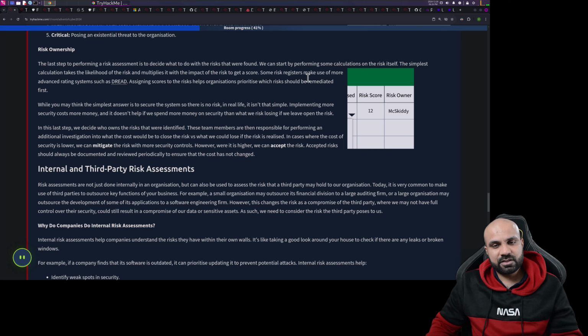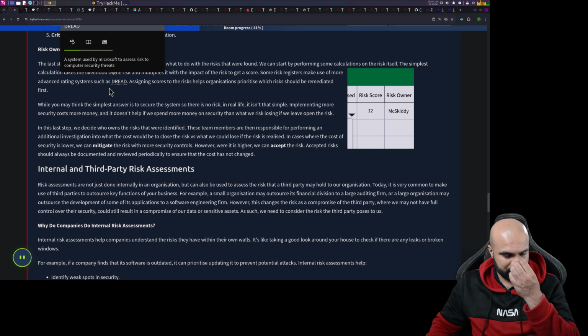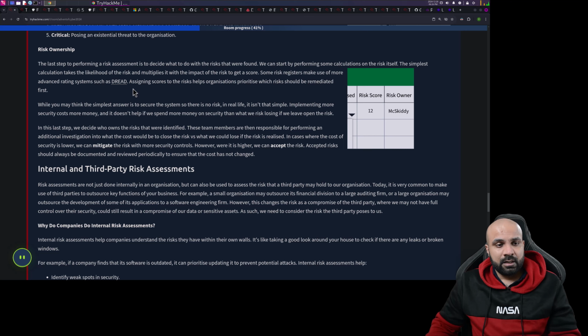Some risk registers make use of more advanced rating systems such as DREAD. So this is a system used by Microsoft to assess risk to computer security threats. Assigning scores to the risks helps organizations prioritize which risk should be remediated first.